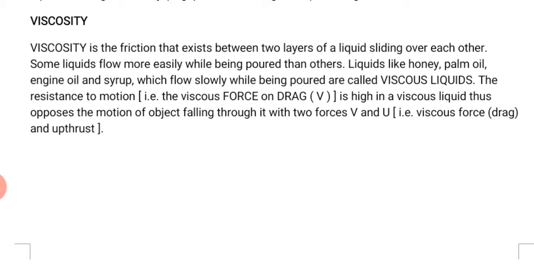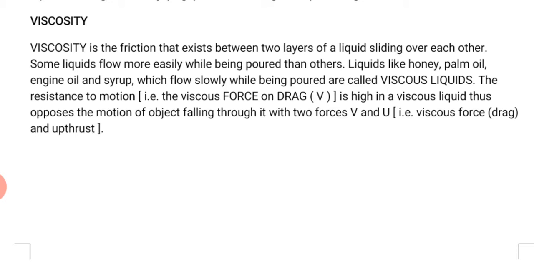Liquids like honey, palm oil, engine oil, and syrup, which flow slowly while being poured, are called viscous liquids. The resistance to motion, that is, viscous force or drag, V, is high in viscous liquid, thus opposes the motion of an object falling through it, with two forces V and U.